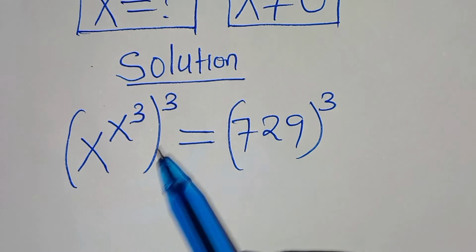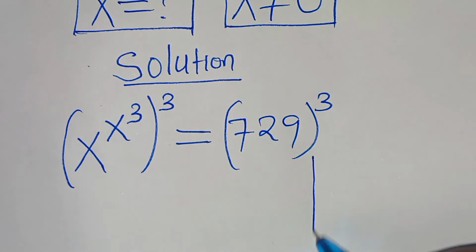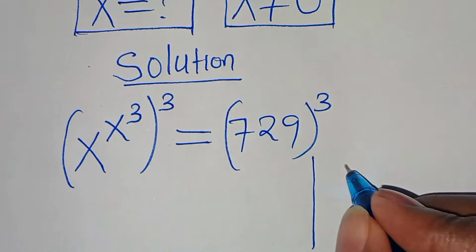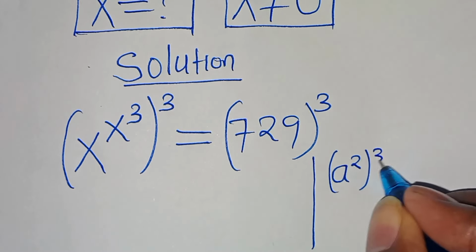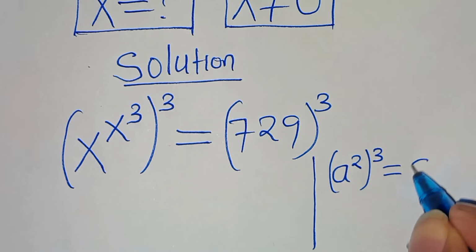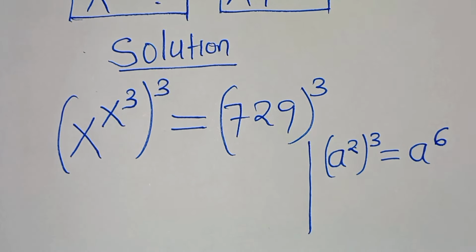Now, the reason why we have to raise this to the power of 3 is that, for instance, if we have a to the power of 2 raised to the power of 3, this is the same thing as a to the power of 3 times 2, which is equal to 6.